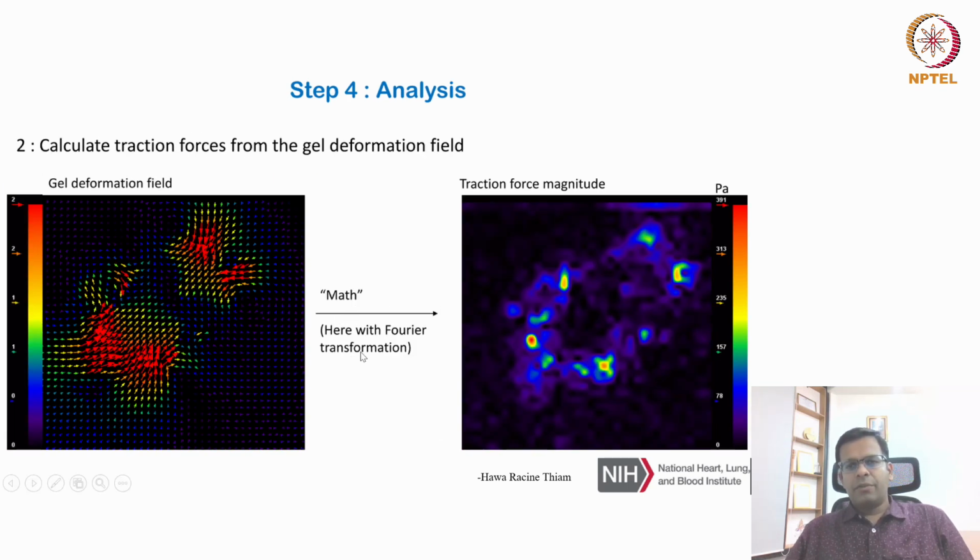Using mathematics with the Fourier transformation, you can understand the traction force magnitude. From this kind of heat map, you can see these are the areas where very high traction force was applied by the cell, whereas this is the area where the traction force was not applied at all. So this kind of analysis you can do using traction force microscopy.